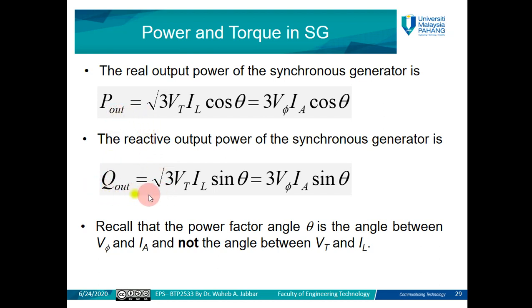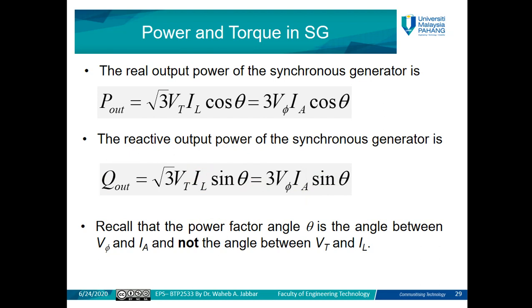So the value of Q here equals √3 V terminal I line sine theta, or 3 V phase I armature sine theta. Okay, so these are the two formulas that we are going to use to calculate P out and Q out, and they are the most important formulas for the synchronous generator, because the output of the synchronous generator is electrical power.